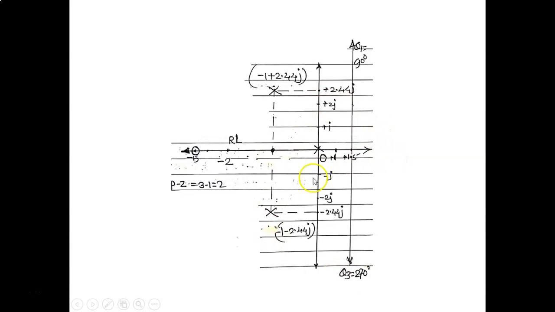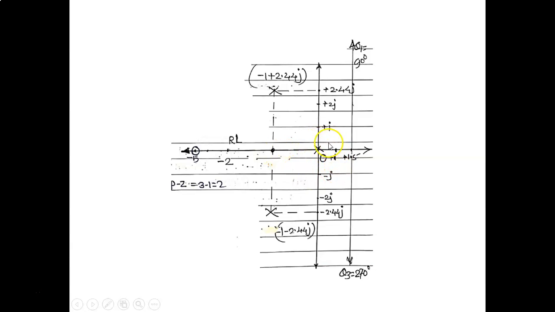Now draw or locate the poles and zeros on the graph. Y axis imaginary axis, x axis real axis. This is 0, minus 1, minus 2, minus 5. Now first pole is s is equal to 0, therefore locate s is equal to 0 here.